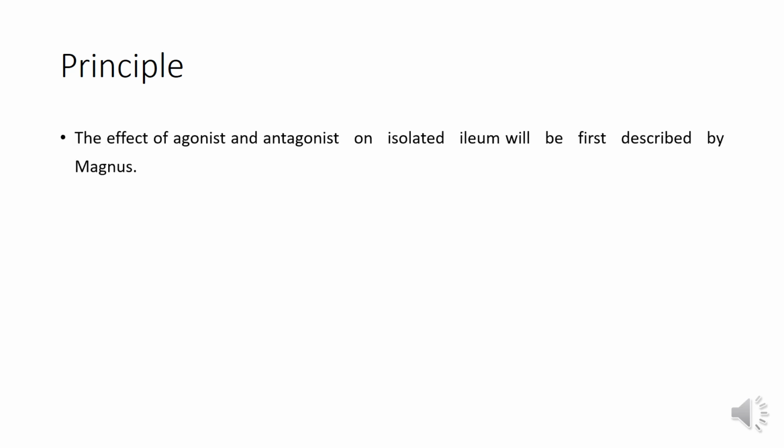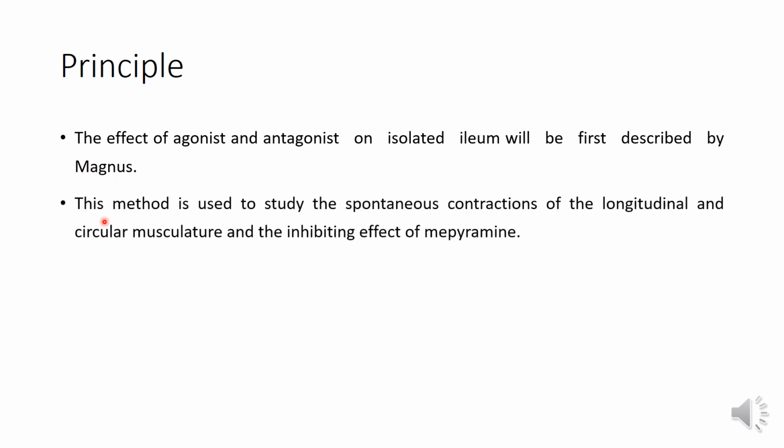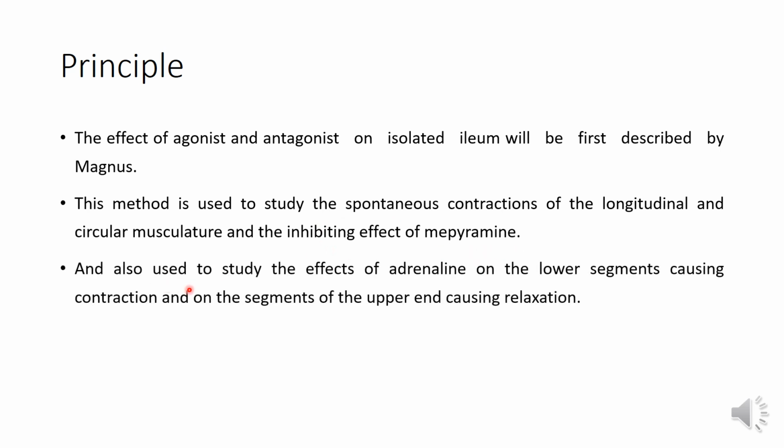So now we'll see the principle behind this experiment. The effect of agonist and antagonist on the isolated ileum was first studied by Magnus. This method is used to study the spontaneous contraction of the longitudinal and circular musculature and the inhibiting effect of the meperamine, and also to study the effect of adrenaline on the lower segment causing contraction and on the segment of the upper end causing relaxation.